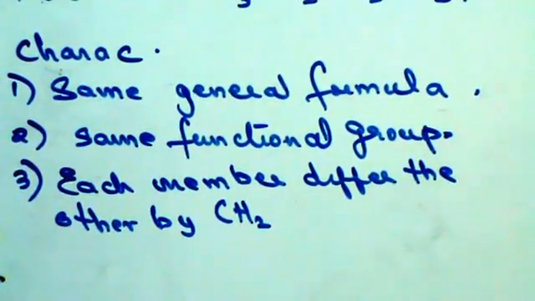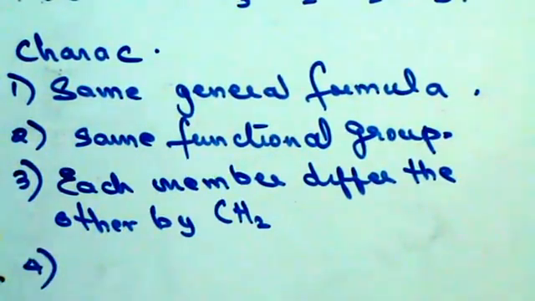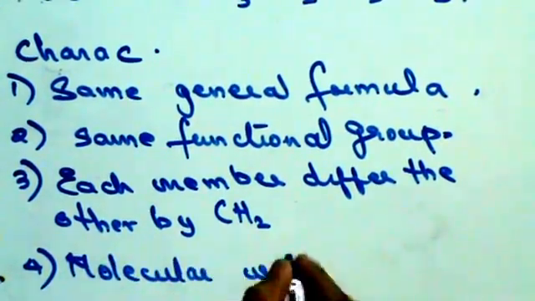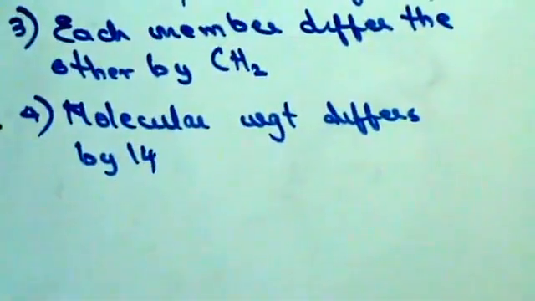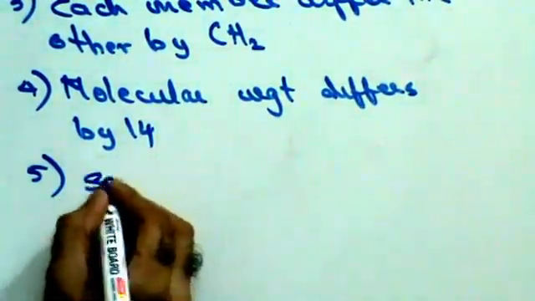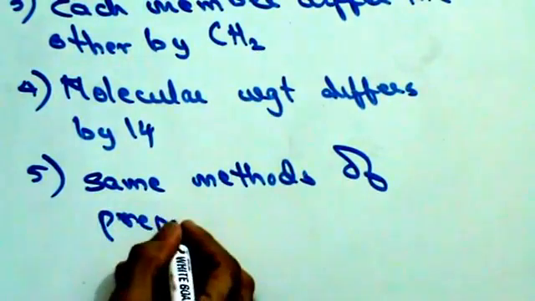That means their molecular weights differ by 14, because carbon is 12, hydrogen is 1, and there are 2 atoms of hydrogen, so 14. They all have the same methods of preparation.